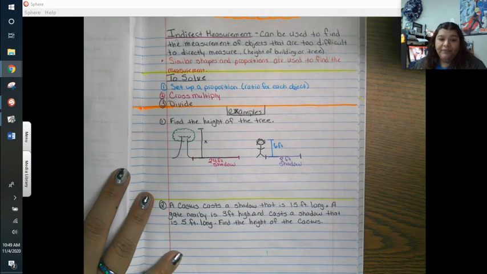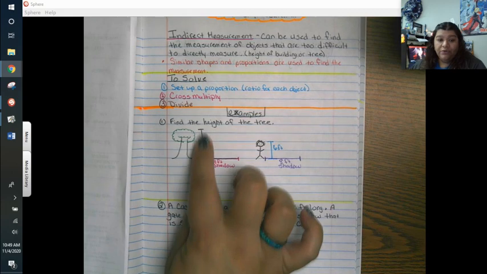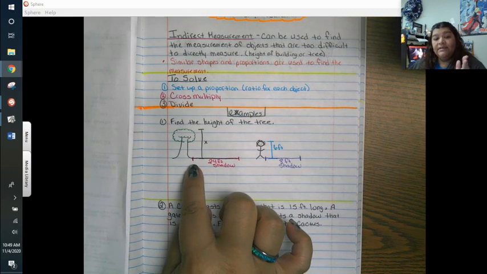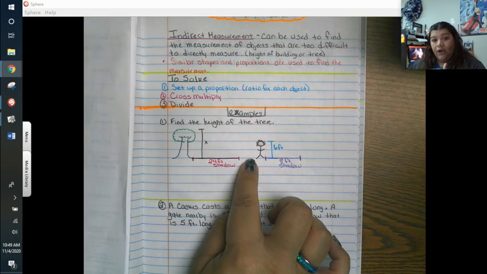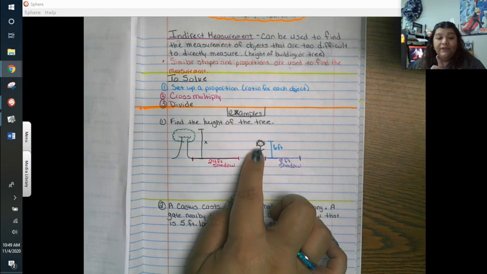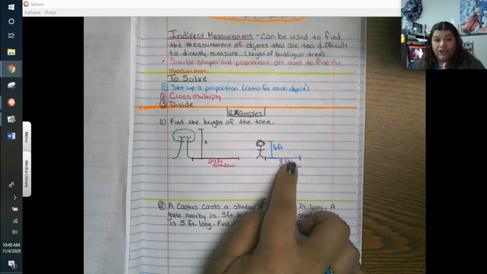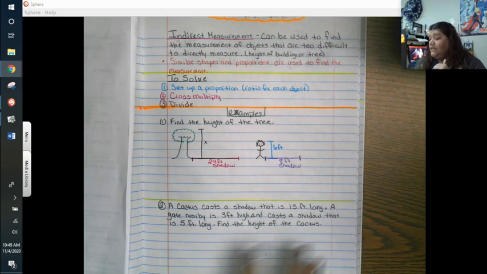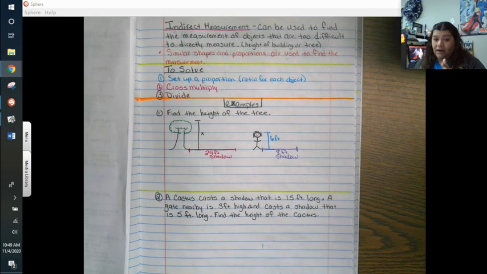We have a tree. We don't know how tall the tree is, but I do know it casts a shadow 24 feet long. At the exact same time, a 6-foot man casts an 8-foot shadow. Since they're at the exact same time, I can compare the two to find how tall the tree is, rather than going and getting a big ruler and ladder and figuring it out.